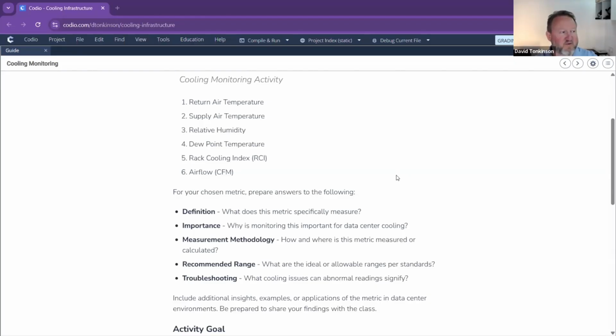Should have started with one of those that someone picked, shouldn't we? Have I got any takers for doing return air temperature? It's probably one of the boring ones. Can't see anything in live chat.